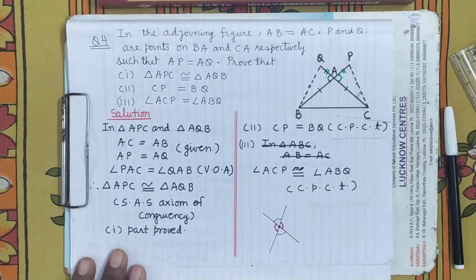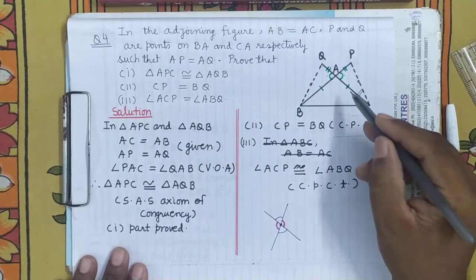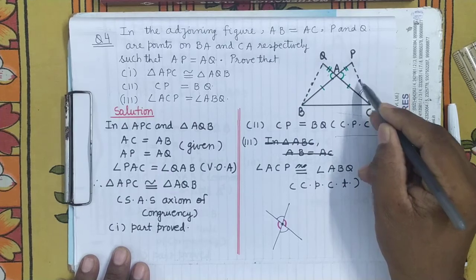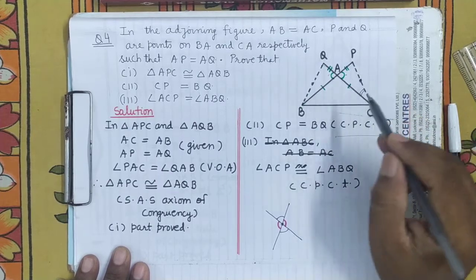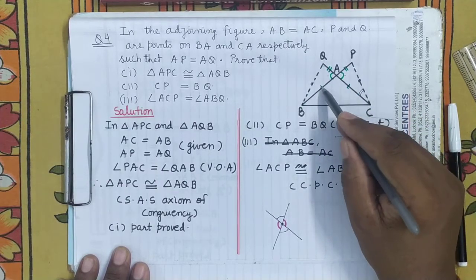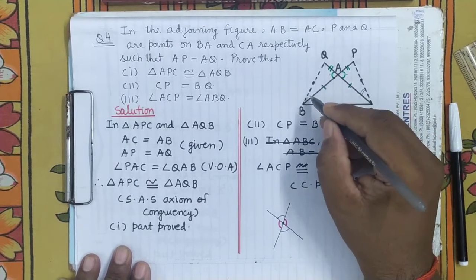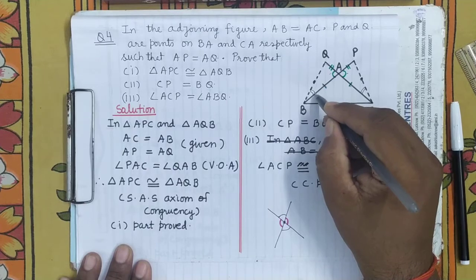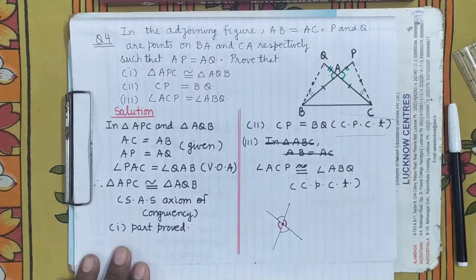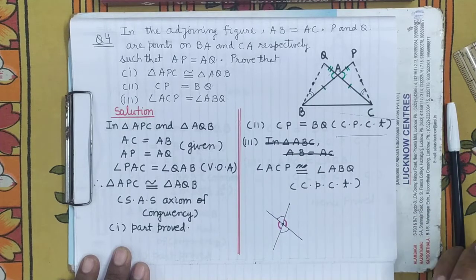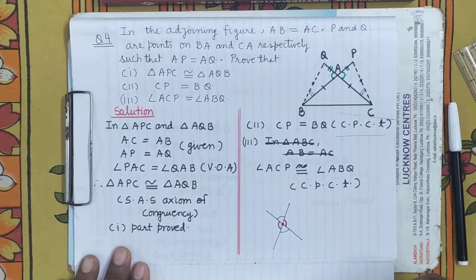It is included by this side and the dot. In the other triangle, this side is here and the dot is here. So the angle is this, and it will be equal to this angle. Therefore, angle ACP equals angle ABQ by CPCTC.